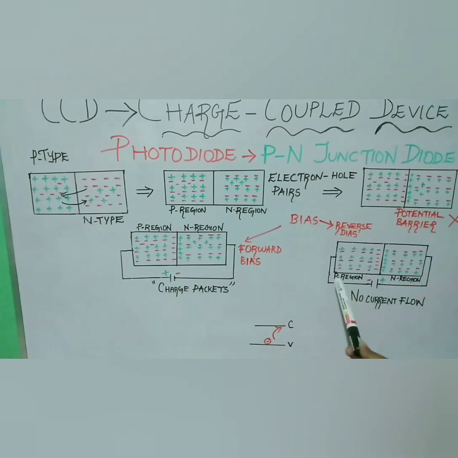These positive charge carriers are attracted by the negative terminal of an external voltage source. Like this, negative charge carriers are attracted by the positive terminal of an external voltage source in the N region. Now what happens? This potential barrier widens. There is no flow of charges across the junction, so there is no current flow. Current is nothing but rate of flow of electrical charge.